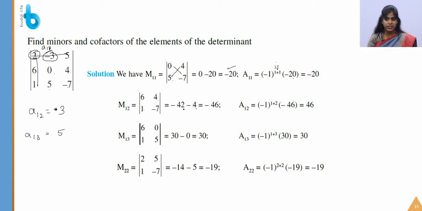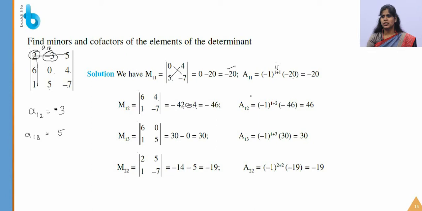You should be very careful in doing the determinant, because this minus is already there in the formula. Some people will forget to include this minus when they get some other negative number as a product. You should be very careful in the usage of sign. So you got minus 46.